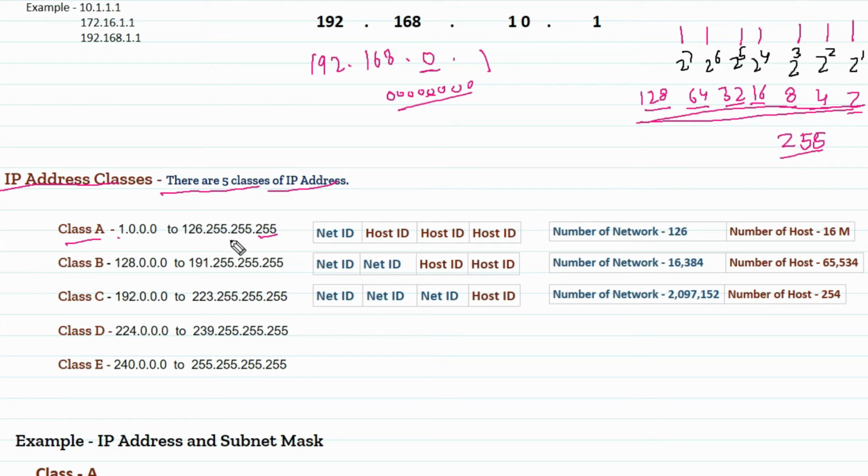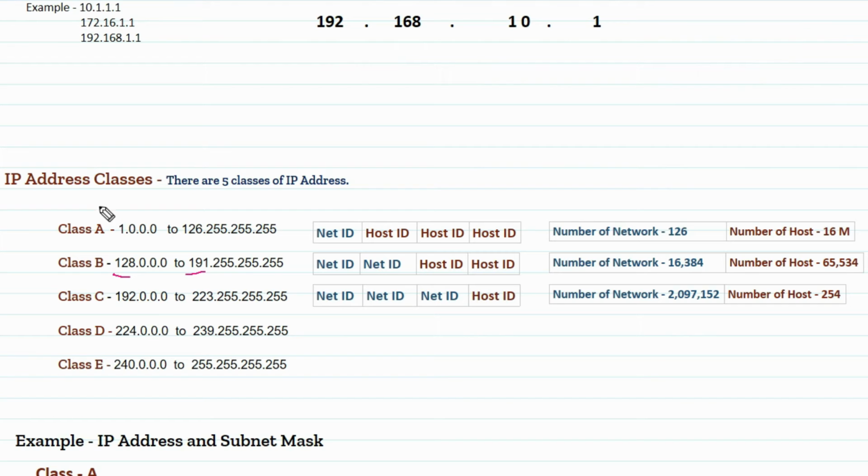Class B is 128 to 191.255.255.255. You can see after 126 we have 128. Where is 127? 127 is used for the loopback address, 127.0.0.1, for self-testing of the interface.